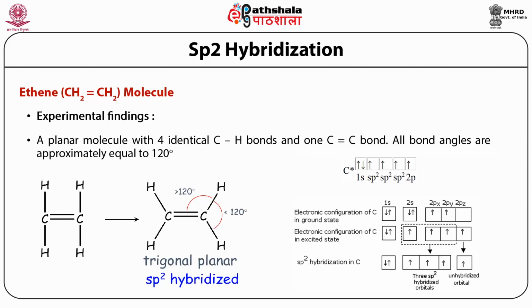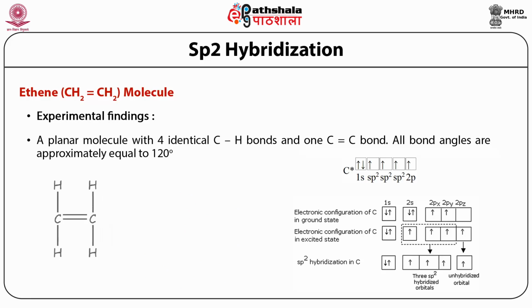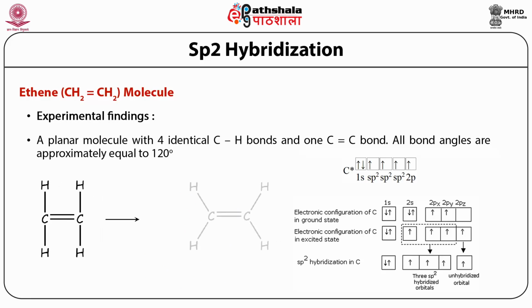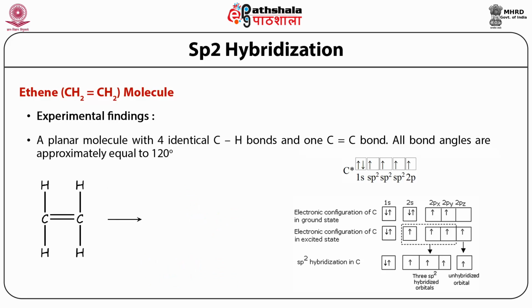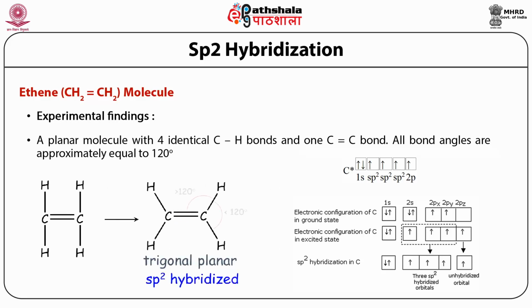For these molecules, carbon atoms are sp2 hybridized because 1 pi bond is required for the double bond between the carbons. In sp2 hybridization, the 2s orbital is mixed with only 2 of the 3 available 2p orbitals, forming a total of 3 sp2 orbitals with 1 remaining p orbital.